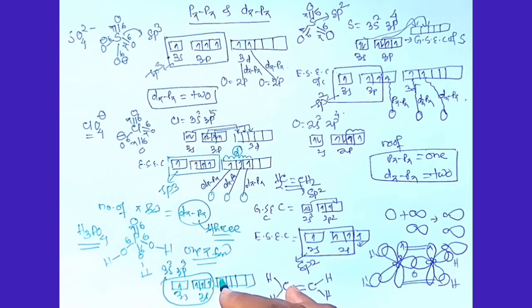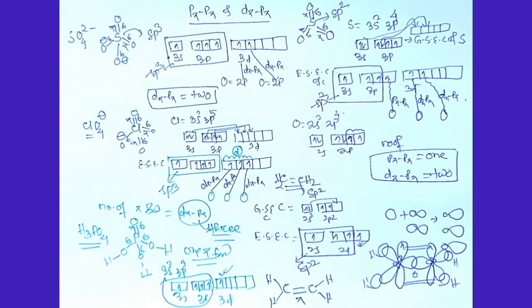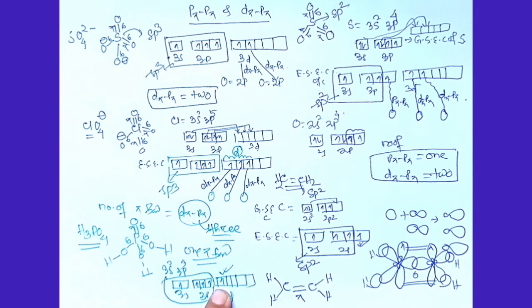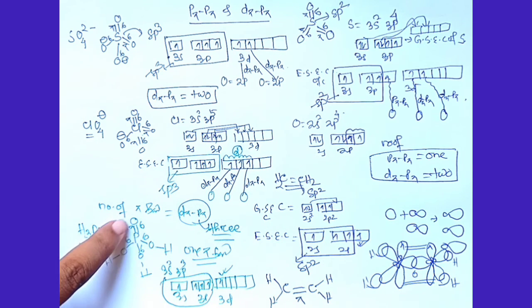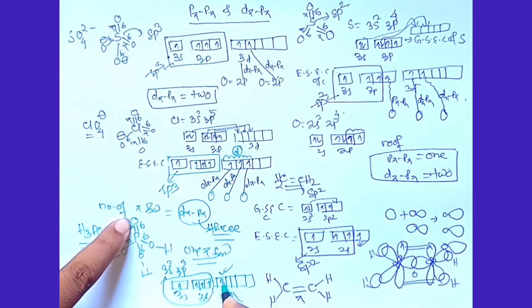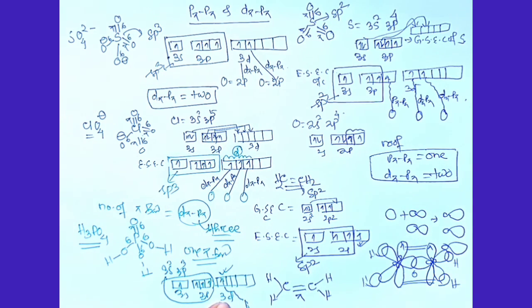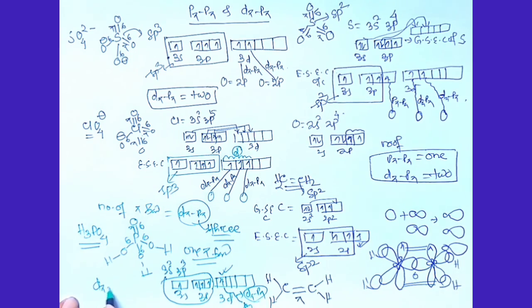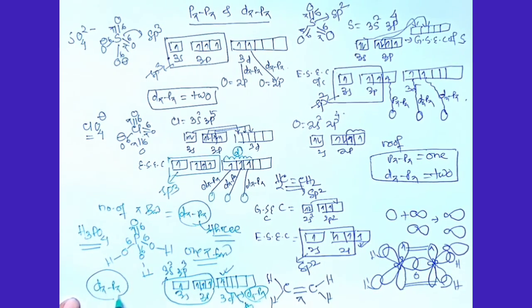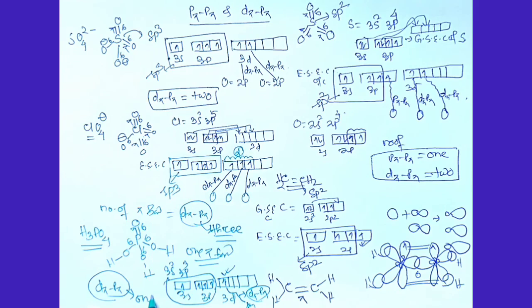So only one unpaired d electron will participate in the formation of the pi bond with oxygen, and we know the unpaired electron present on oxygen is in the p orbital. So one pi bond will form between d of phosphorus and p of oxygen, so it will be d pi p pi. Are you getting my point? So the number of d pi p pi bonds over phosphorus is only 1.